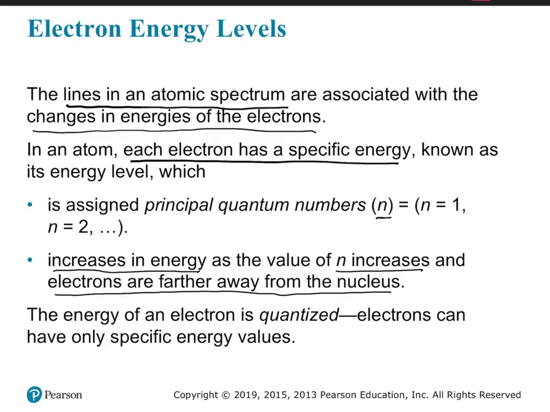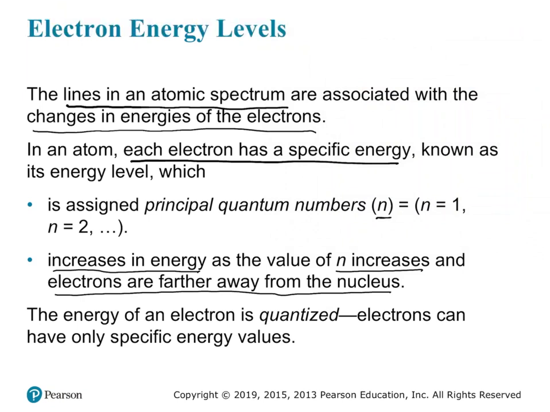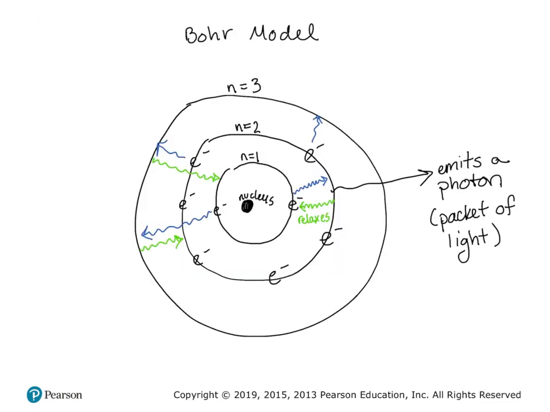Okay, so going back to this slide, one last point here. The energy of an electron is quantized, which means that electrons can have only specific energy values. So if we go back to our picture of the atom, you'll notice that the electrons are sitting in very specific energy levels. They're not hanging out in the middle there.